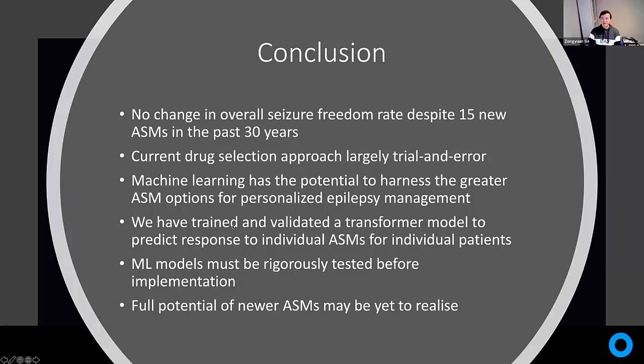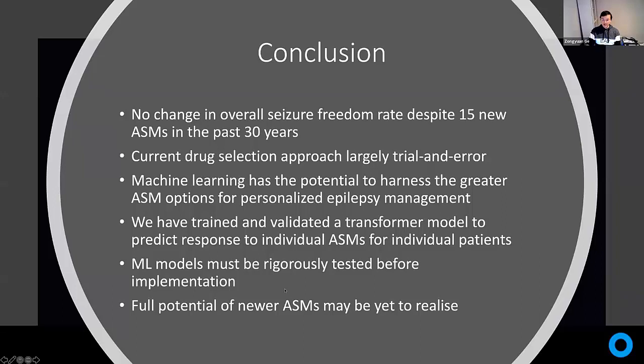I would say personalized medication, personalized healthcare will be the keywords, especially in the era of medical data digitalization. We have trained and validated a transformer model to predict response to individual ASMs for individual patients. The results will be released in our next paper.